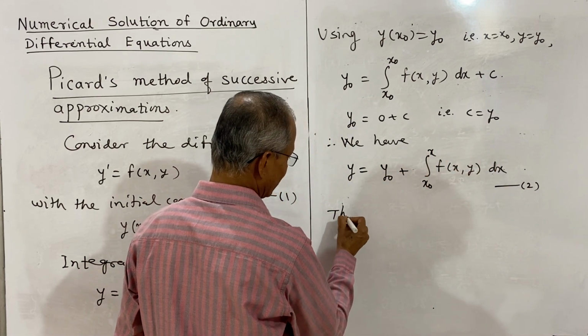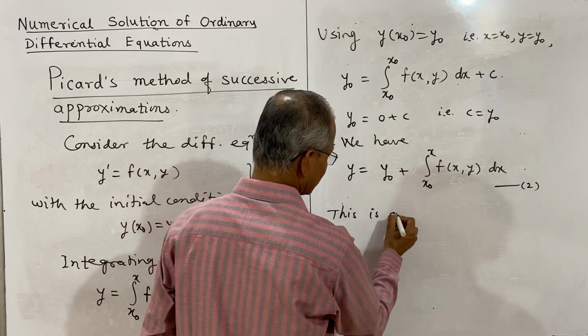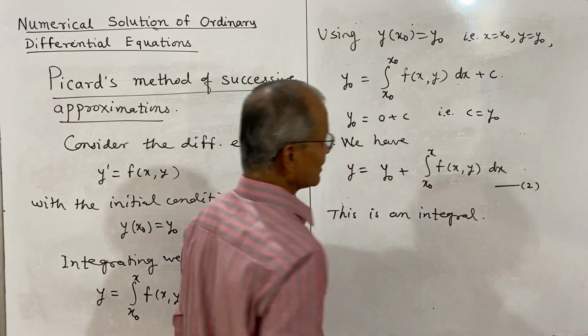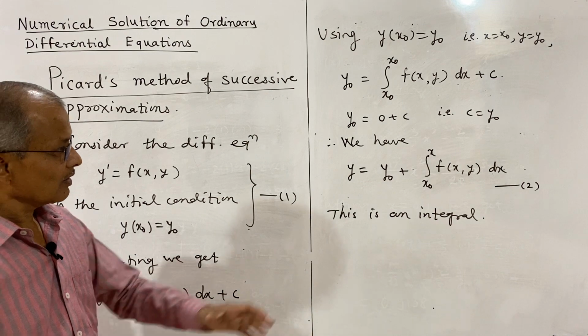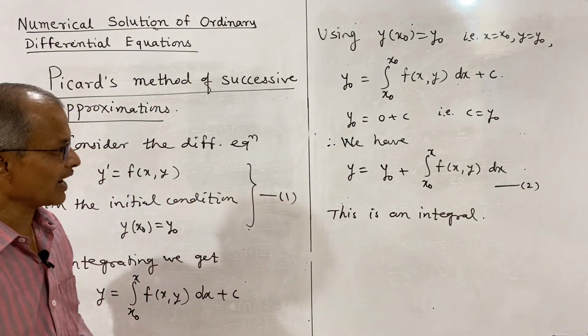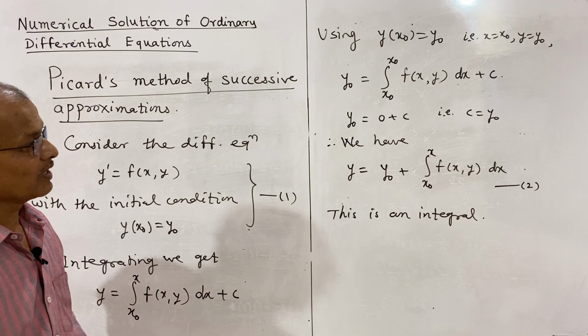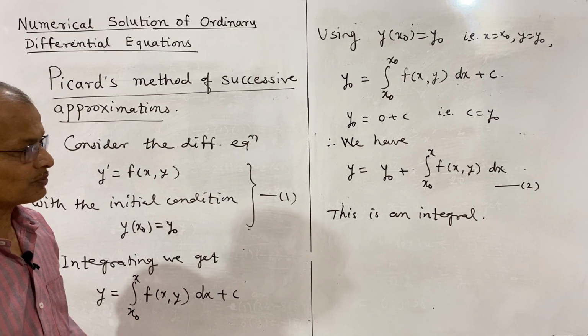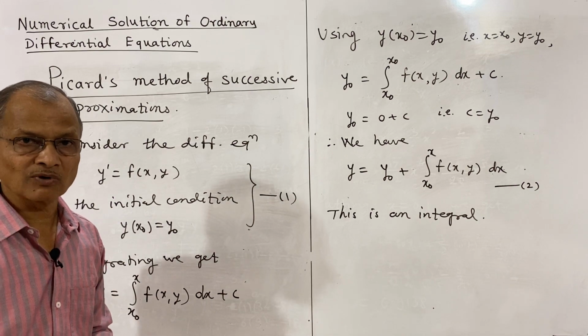This is an integral equation because it involves an integral. We can integrate this by taking different values of y, and in succession we get the different approximations. For the first approximation of y, we consider y is equal to y naught.